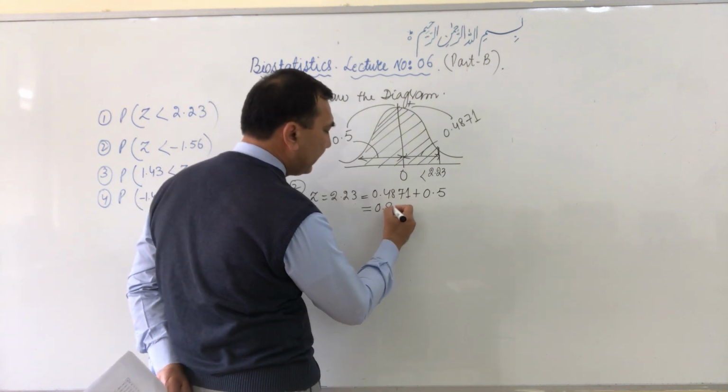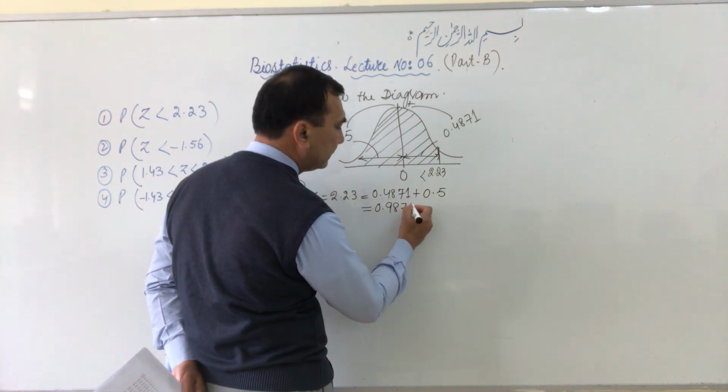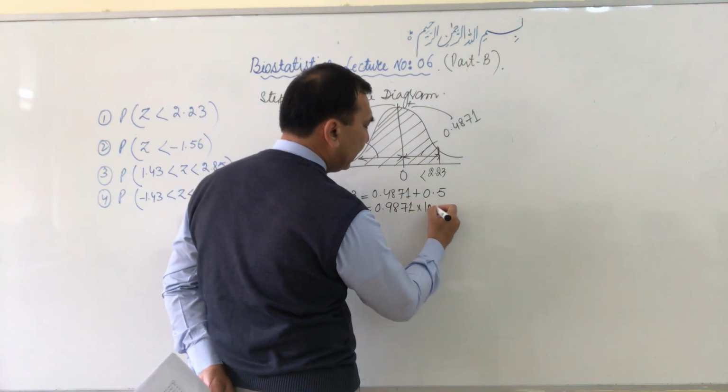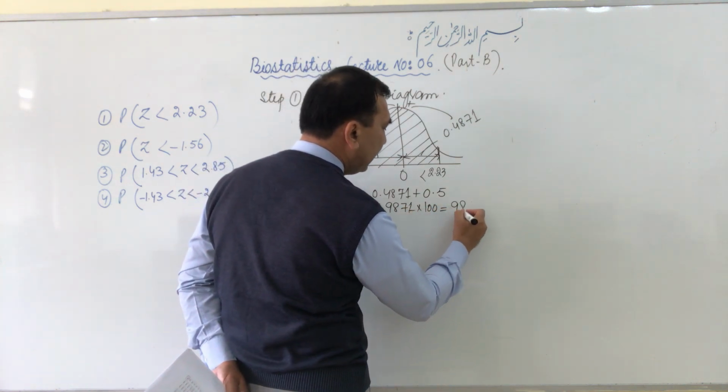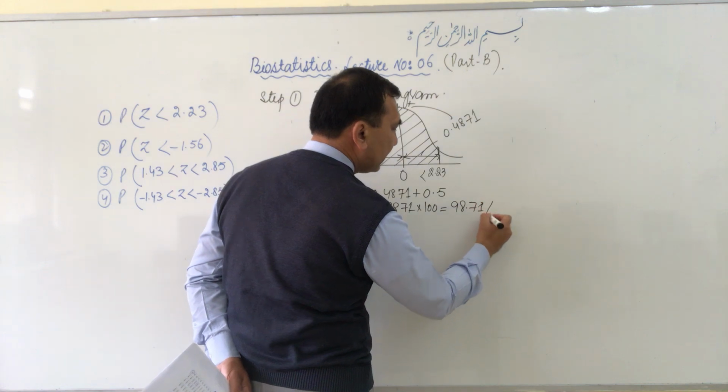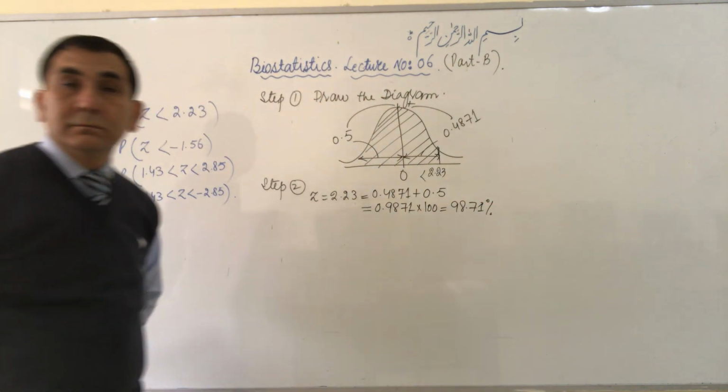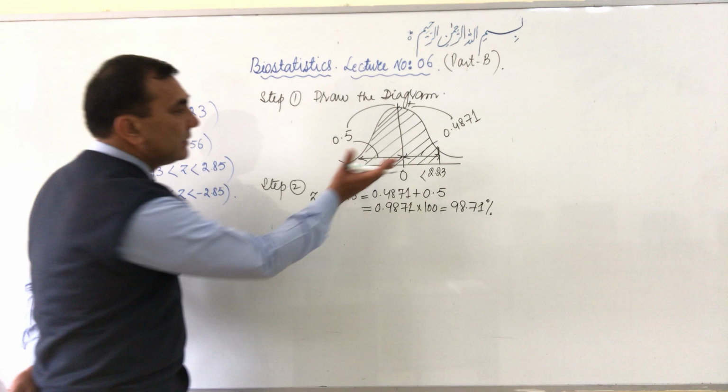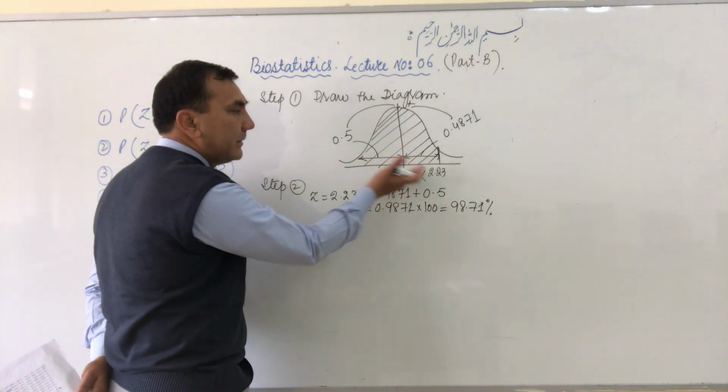It comes to 0.9871. Then we multiply by 100, which gives 98.71%. This whole area below 2.23 is 98.71%.